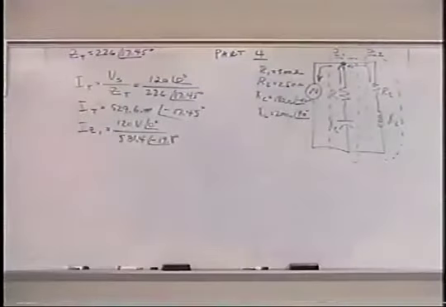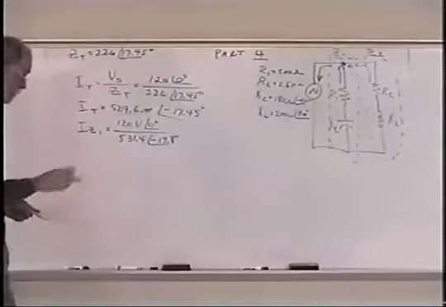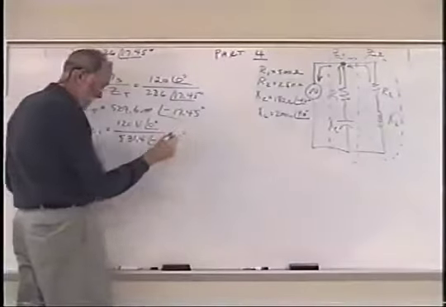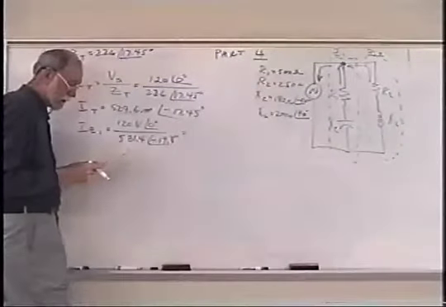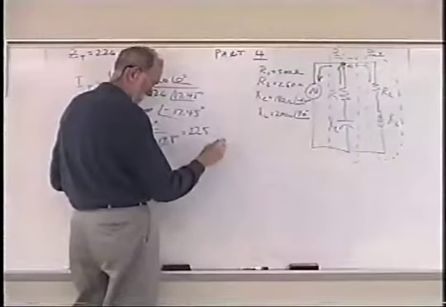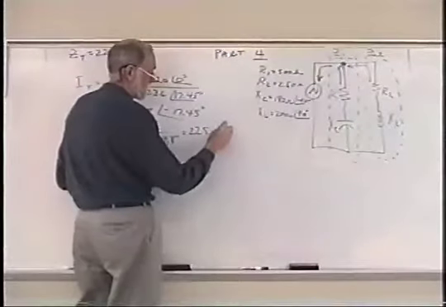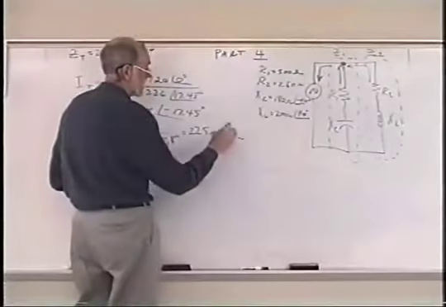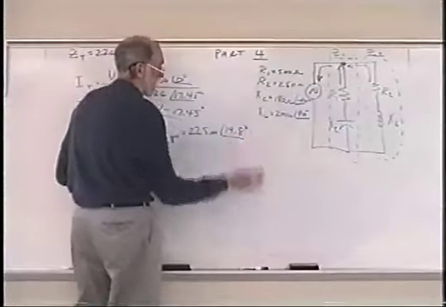So carrying that out, 120 divided by 531.4 and bringing the angle back up, making it positive, gives us an IZ1 of 225 milliamps at an angle of 19.8 degrees.